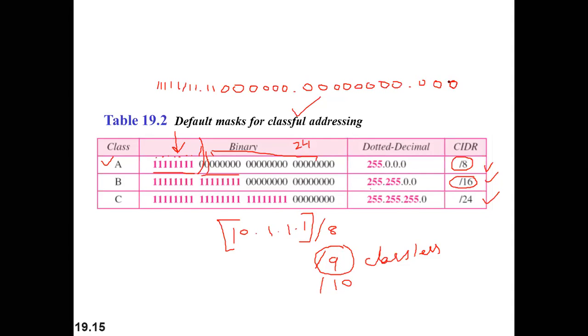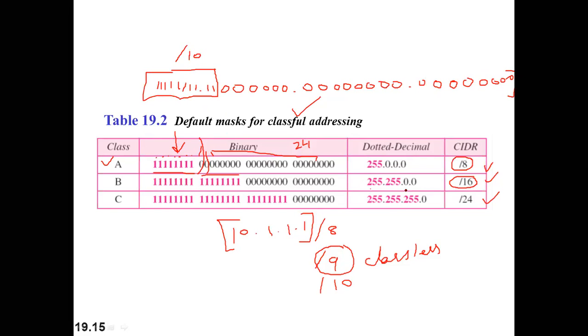The next octets also have 8 bits each. If we calculate the CIDR value in this case, it is the 8 bits of the first octet plus 2 bits, so the CIDR value will be /10. And this is the case of classless addressing.